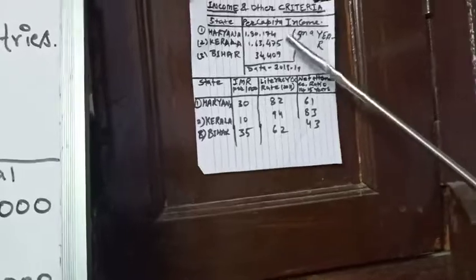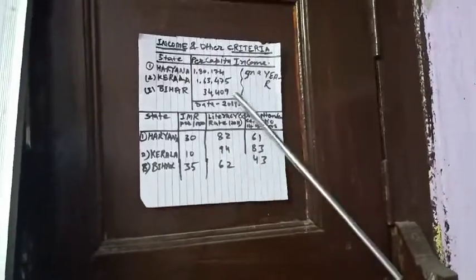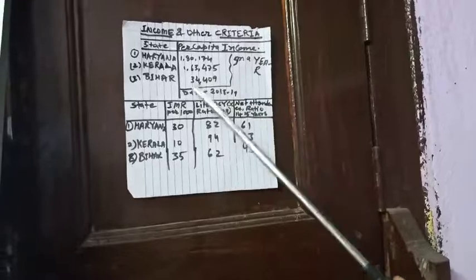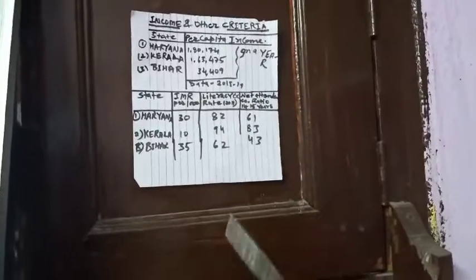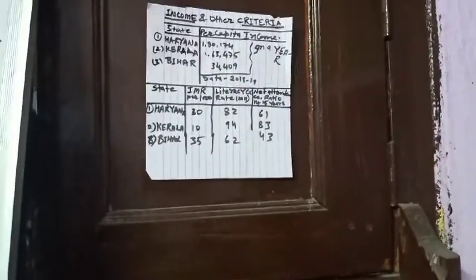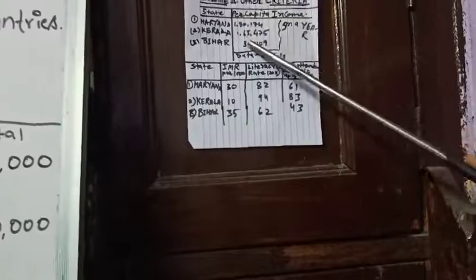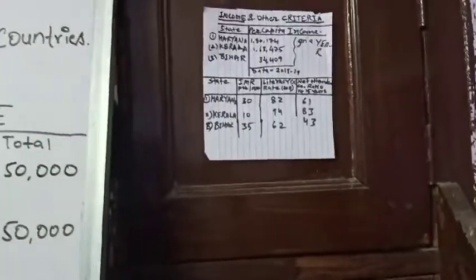So here we find that the per capita income of Haryana is maximum and the lowest income is present in Bihar, that is only 34,409.